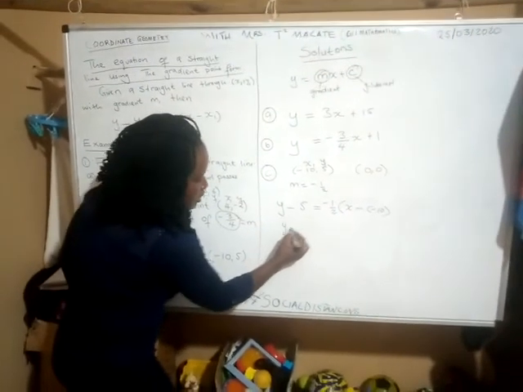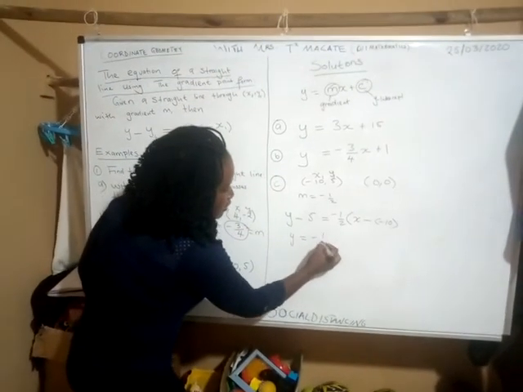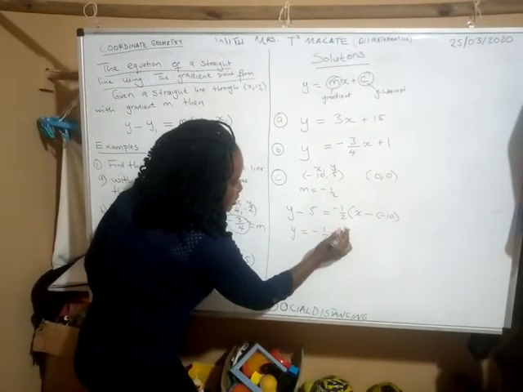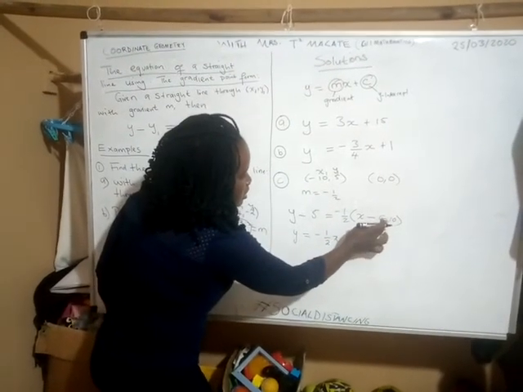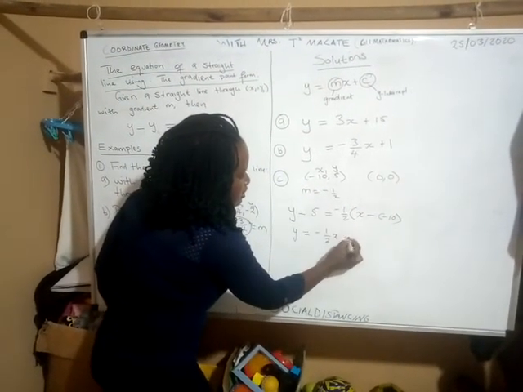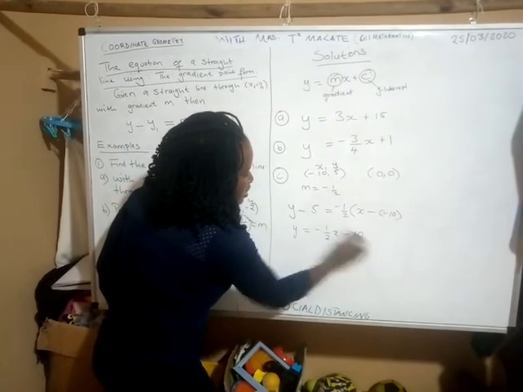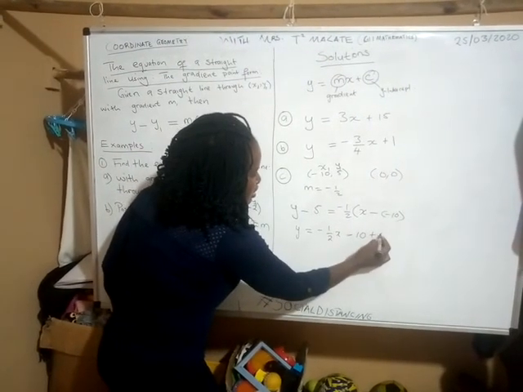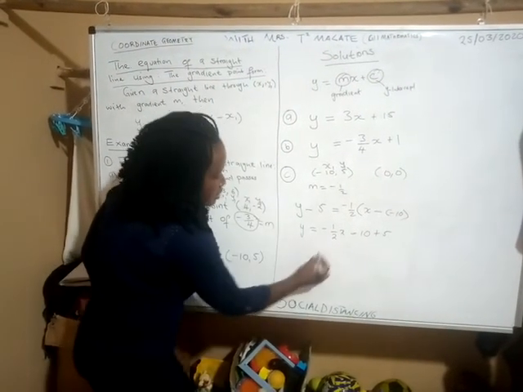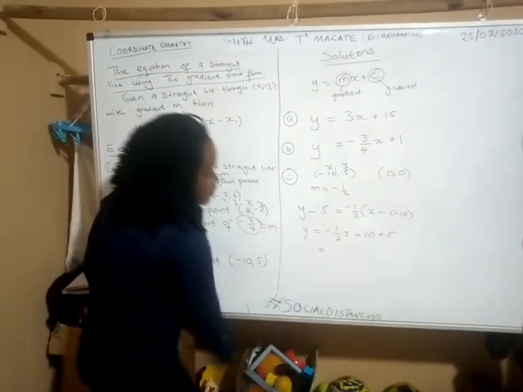So y is equal to negative half x, negative, negative, positive, then another negative will give us a negative 10 coming this side, plus 5.